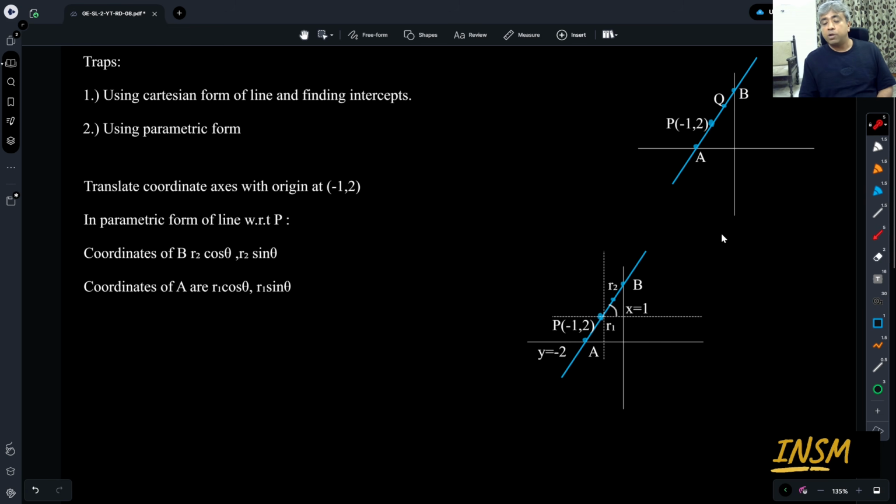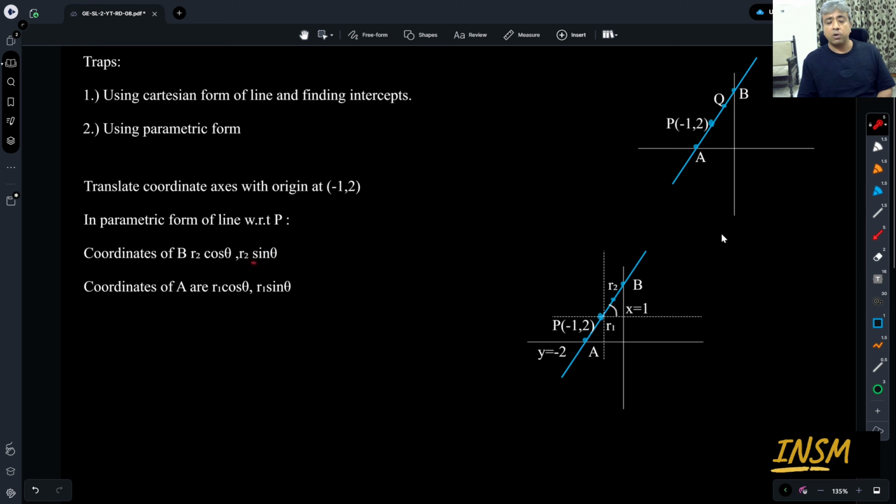Now the old y-axis would be at a distance of 1 from this point, so the old y-axis would be the line x equals 1 and the old x-axis would be the line y equals -2. We take the coordinates of B and A with respect to the new coordinate system. We take the distance PB as r2 and PA as r1.